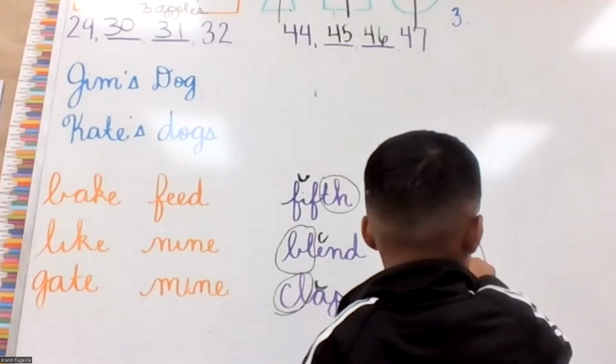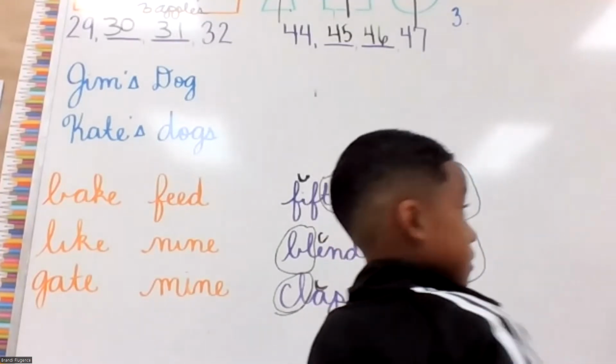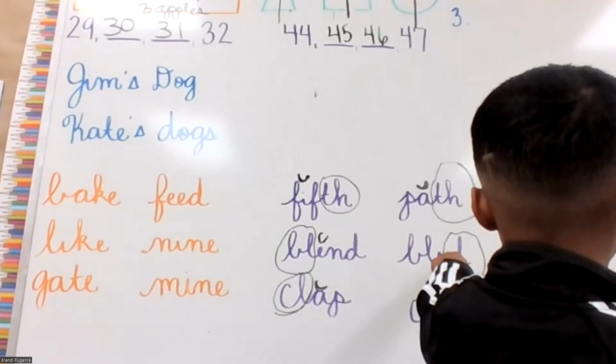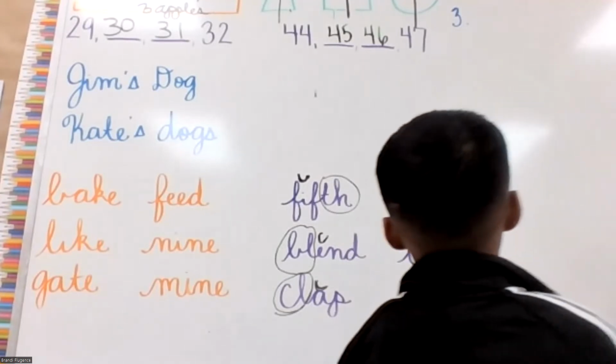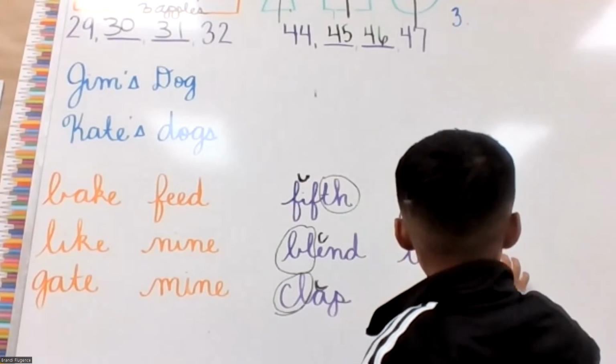BLED. What about this? Let's look at the back. That's BLED. That's D. Okay, all right, next one, dream.